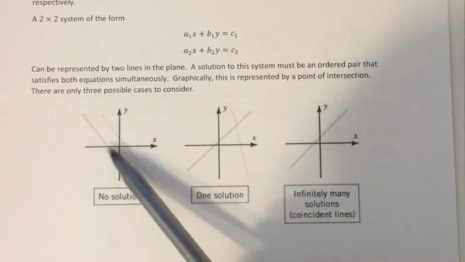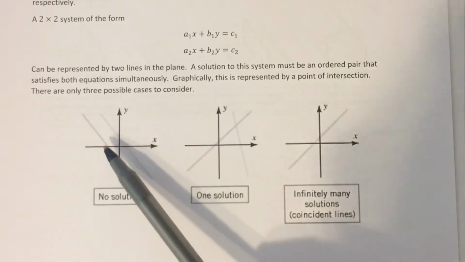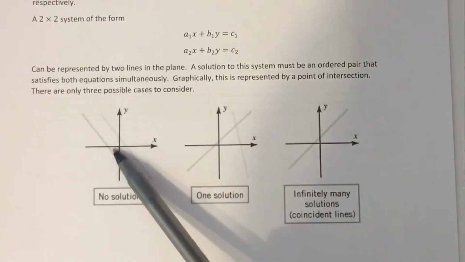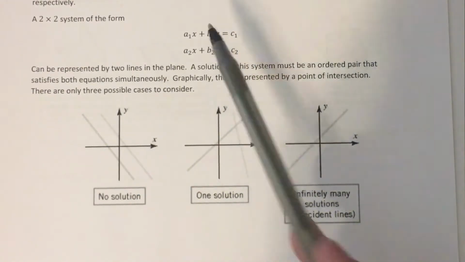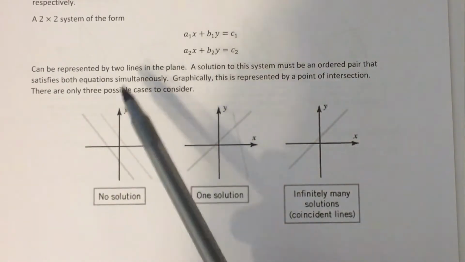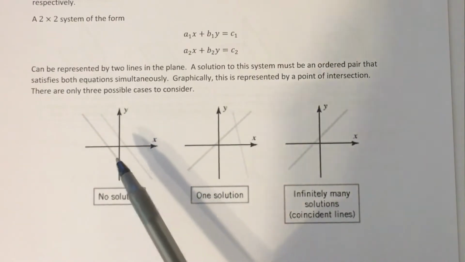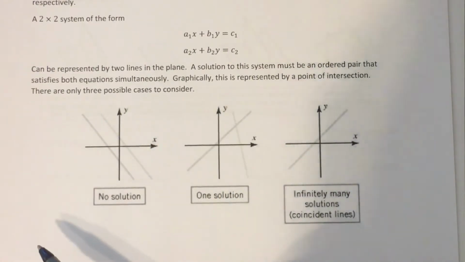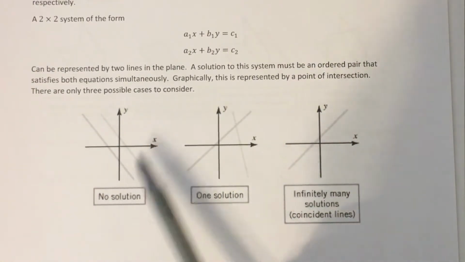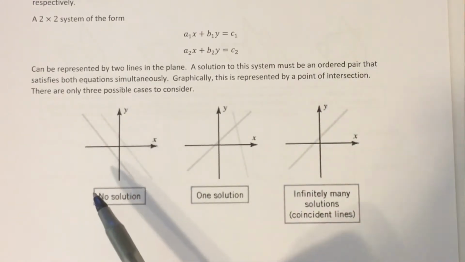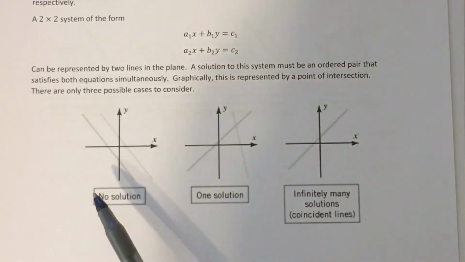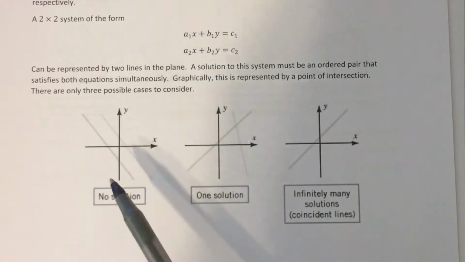So graphs, in this case of lines, are visual depictions of solution sets for an equation. Now, if we're looking for a solution to a system, we're looking for a simultaneous solution, which means we need to find a point that's on both lines simultaneously. And graphically, it's easy to see where two lines would contain the same point. We call that a point of intersection.